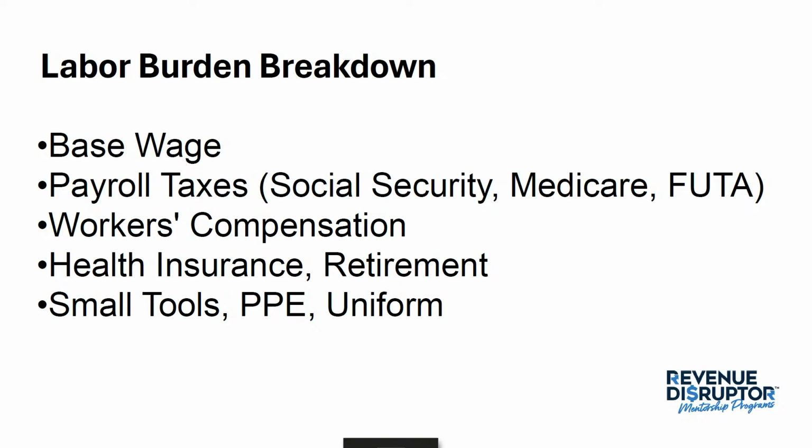Maybe you want them to wear certain apparel that you pay for, so they don't have to pay for it. Maybe it's a company shirt or a polo or even a suit coat that has your company information on it. Whatever that is, you can tie all of these indirect costs to their actual unit labor rate or their hourly rate.